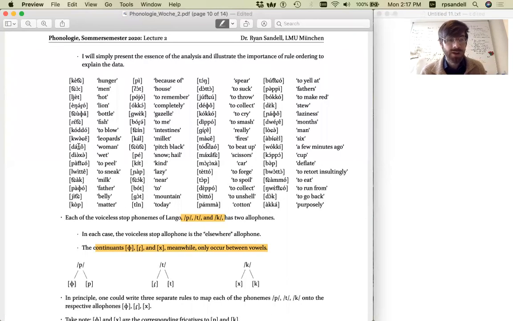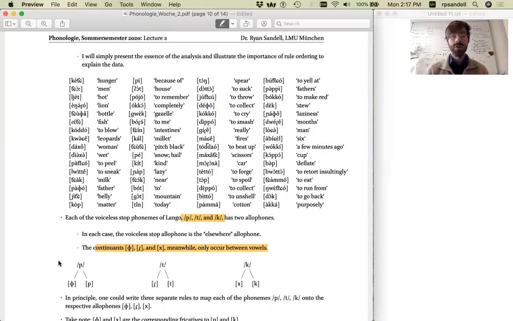Daho, with a velar fricative there between vowels. Now, since the stops occur in a wider variety of environments, they constitute the elsewhere allophone. That's why we've chosen the stop as the underlying representation for the phoneme.